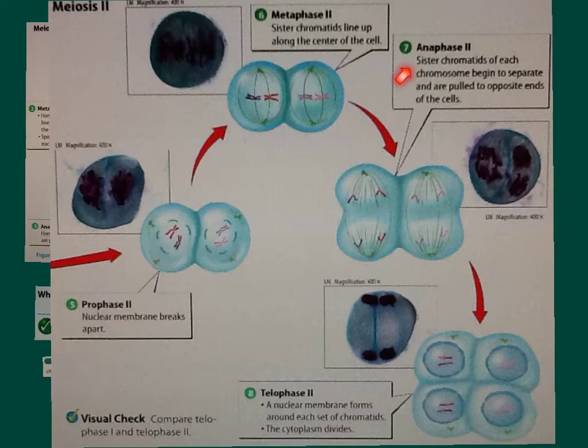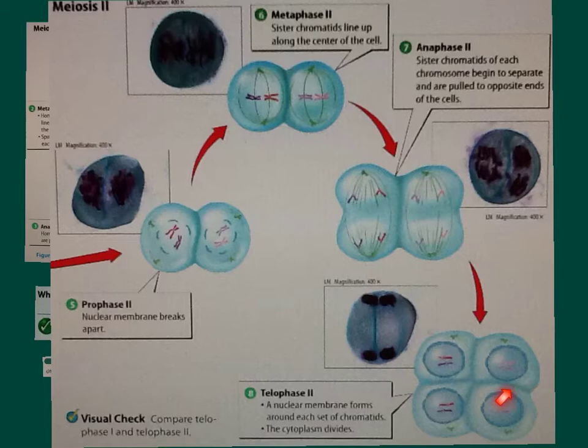The sister chromatids of each duplicated chromosome are pulled away from each other and move toward opposite ends of the cells. Number 8. Telophase 2. During the final phase of meiosis, telophase 2, a nuclear membrane forms around each set of chromatids, which are again called chromosomes. The cytoplasm divides through cytokinesis, and 4 haploid cells form. Key concept check. List the phases of meiosis in order.